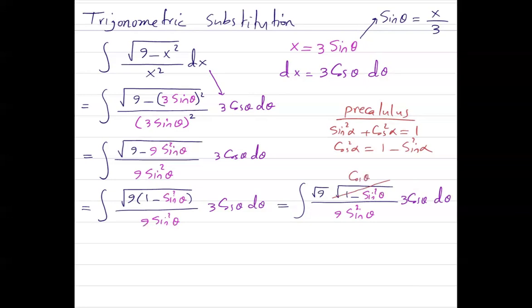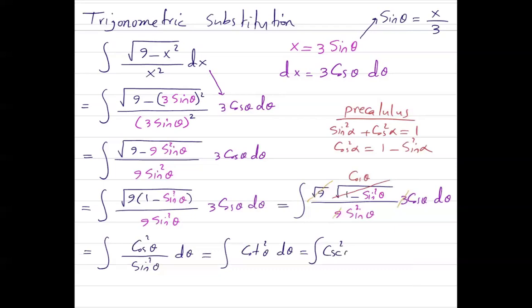I can cancel out square root of 9, 3, and 9. So this integral can be written as the integral of cosine squared of theta divided by sine squared of theta d theta. Or this is the integral of, as you remember, cotangent squared of theta d theta, which can be simplified as the integral of cosecant squared of theta minus 1 d theta.